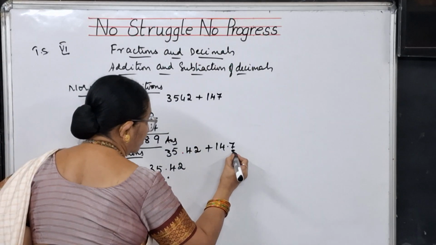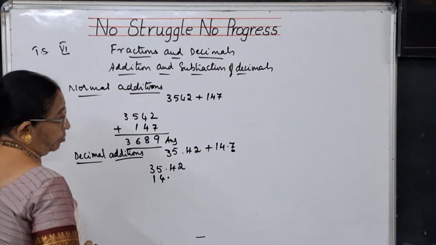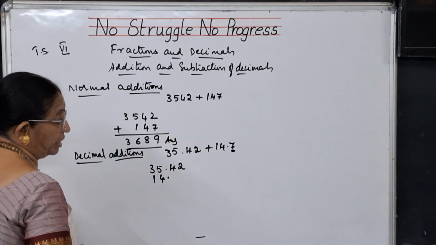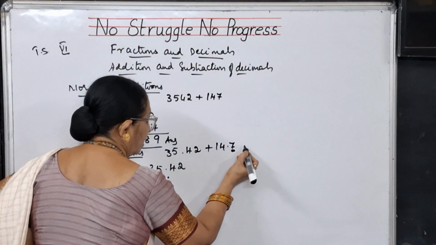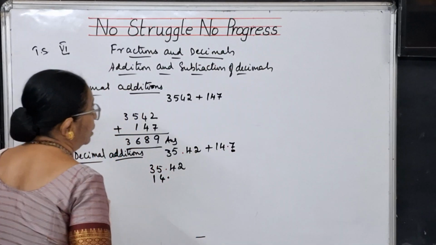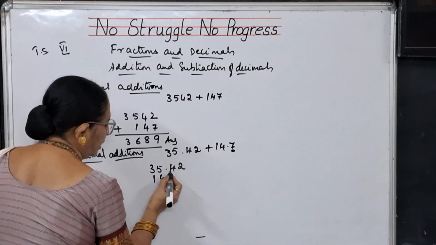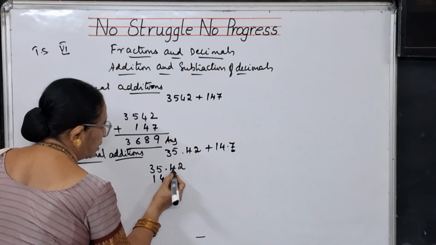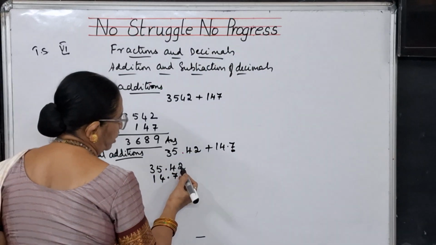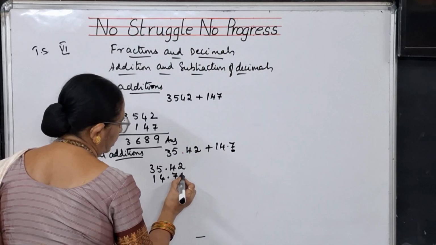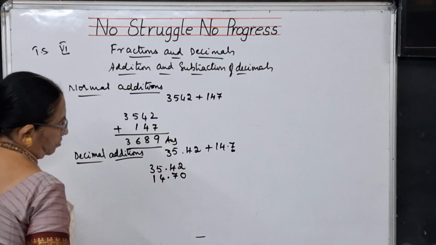Next, this is called the 1/10 place, or tenths place. That means tenths, hundredths, thousandths, you will get like that. So the tenths place is immediately after the decimal. So I have to keep 7 here. Next, here one number is missing, I don't have anything, so there is no problem if you keep 0 also.